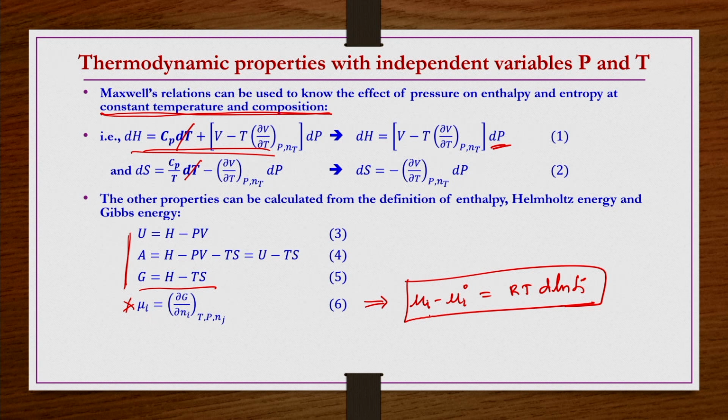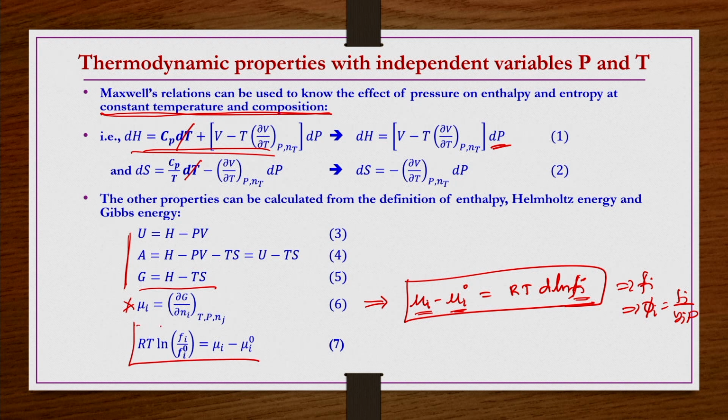So, the chemical potential at the required temperature, and then at the reference temperature and pressure, if you get these conditions and take the difference, then that difference can be related to the fugacity coefficient of that particular component in the mixture. So, that is the reason we can get the required information for fugacity, and followed by the fugacity coefficient, that is nothing but fi by yi P, this we can calculate.